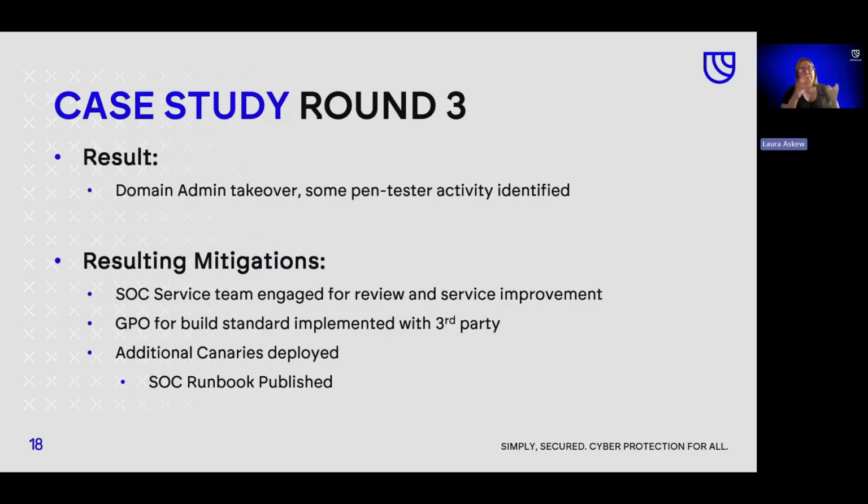And as a result of that, we made some recommendations as to what they could do on their side to improve their SOC service, what they might test for in the future. We also looked at what had happened with the canaries alerts, whether that was what we expected.